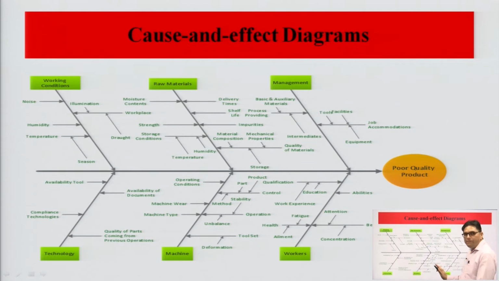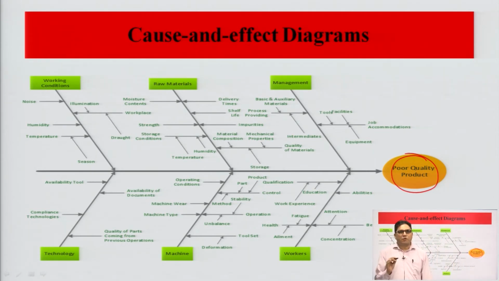Now, let us say it is a situation where poor quality of the product is being observed. The product being sold by a company is not as per the standard, not as per the expectation of the customer. So, what are the reasons behind it?